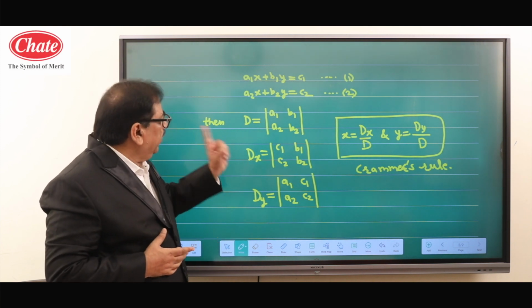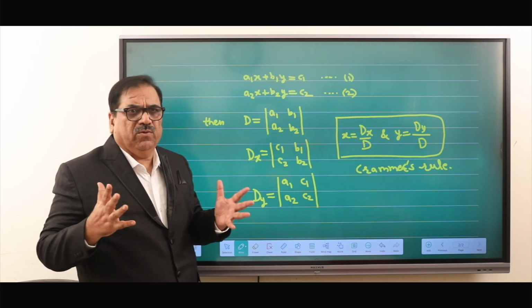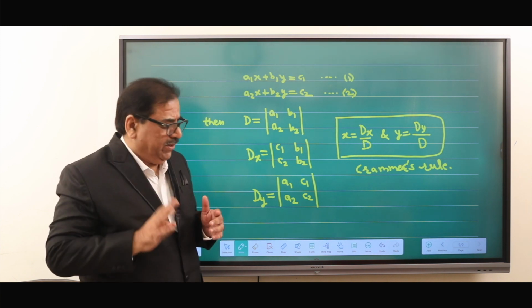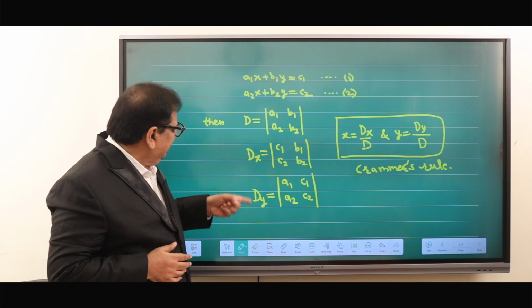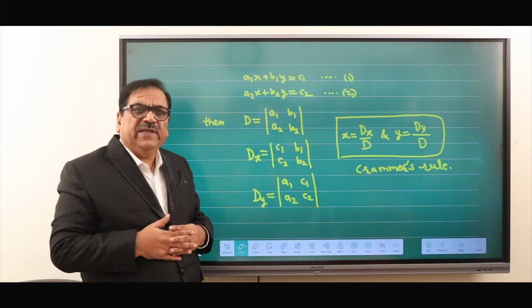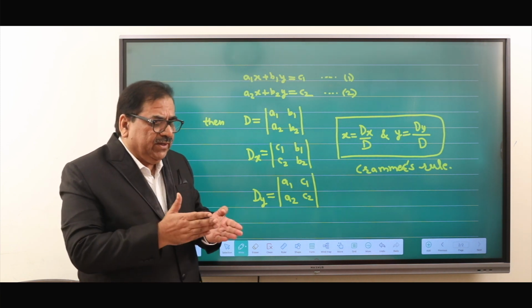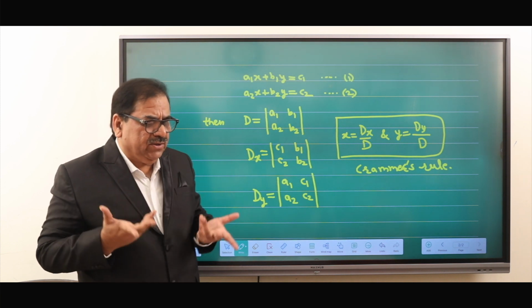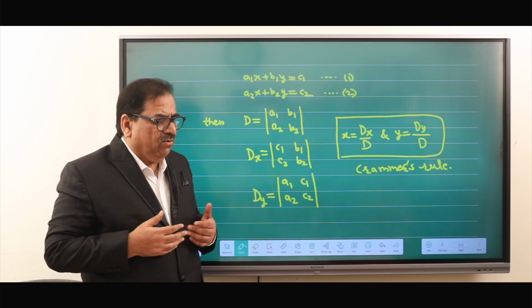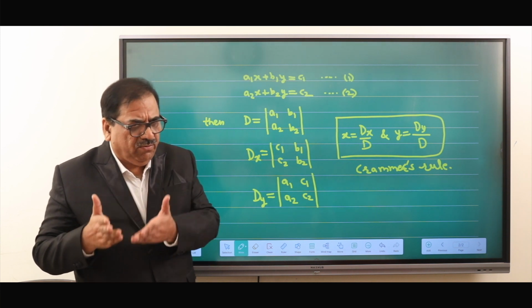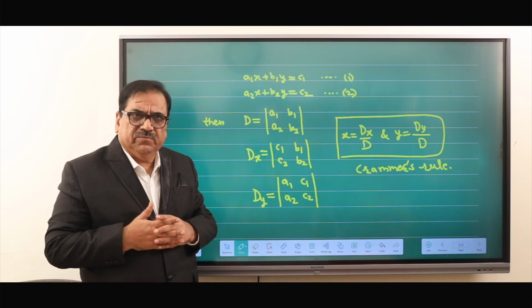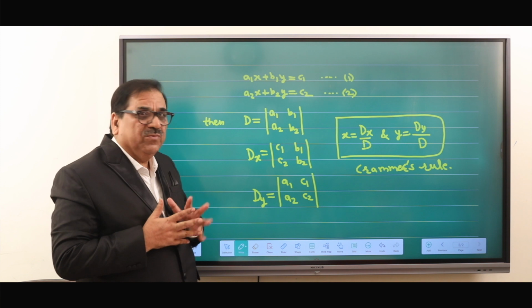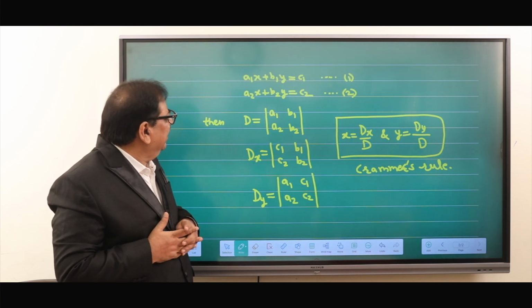So we have to find three determinants: D, Dx, Dy. What is D? Coefficient of x, coefficient of y in the first equation. What is the second row? Coefficient of x, coefficient of y in the second equation. This is D. What is Dx?